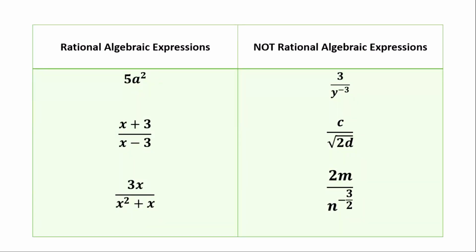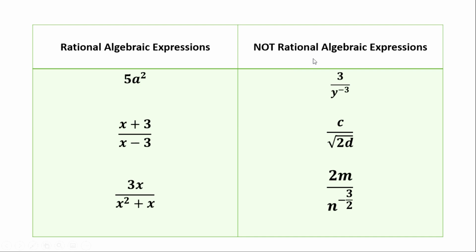Okay, we also have here another set of example for rational algebraic expressions and not rational algebraic expressions. So, we have here the examples, 5a squared, x plus 3 over x minus 3, granted that x should not be equal to 3 para hindi mag-0 yung baba. And then also we have here 3x over x squared plus x.